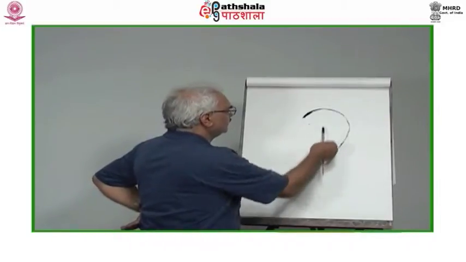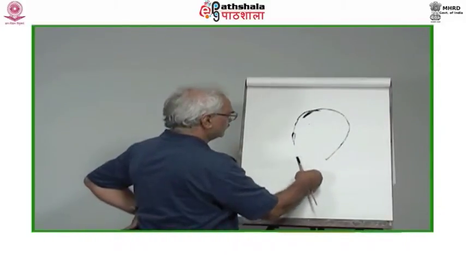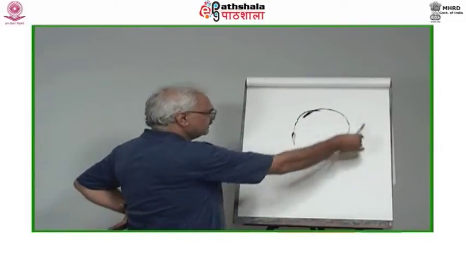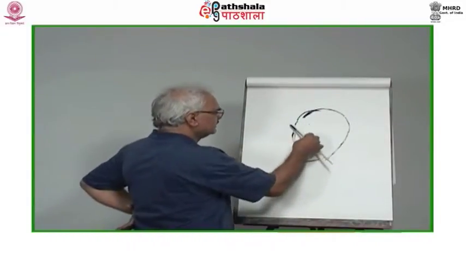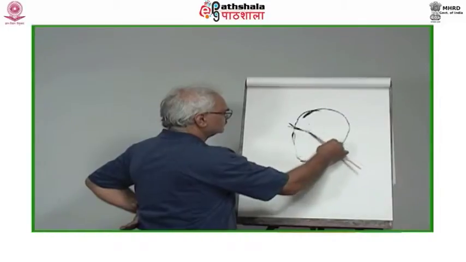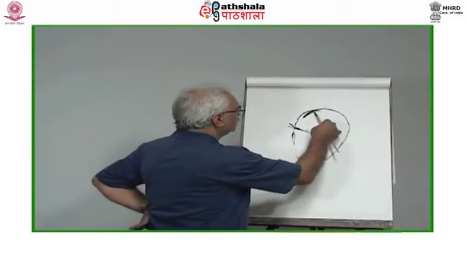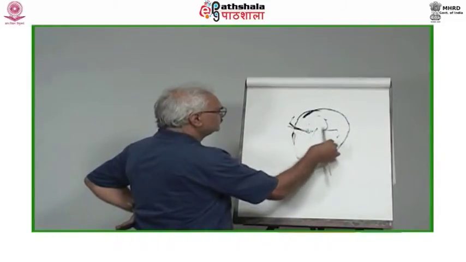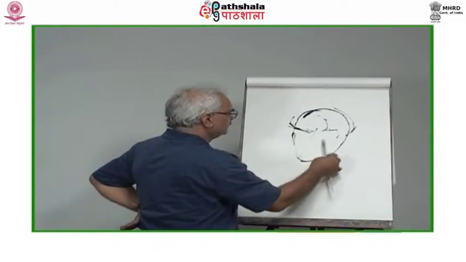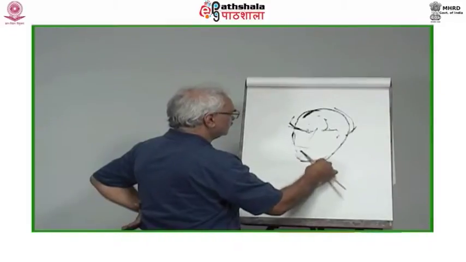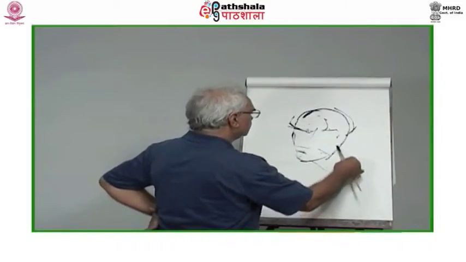I will draw another head and divide it into the three basic shapes of a circle, triangle and square. You will see there are so many triangular shapes in a face. You have to train your eyes to be able to see any object as a complex blend of basic shapes.